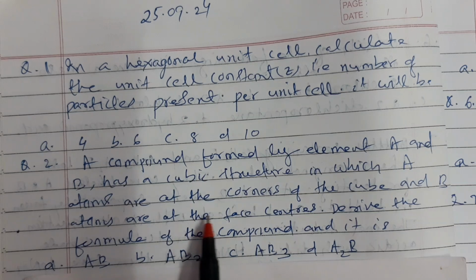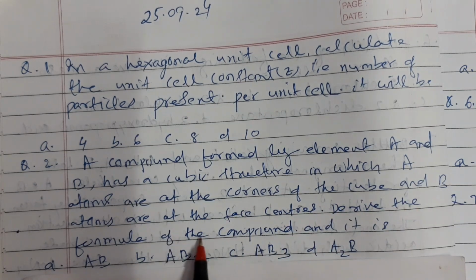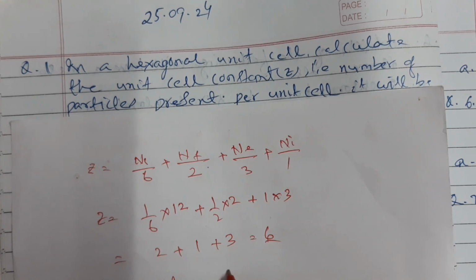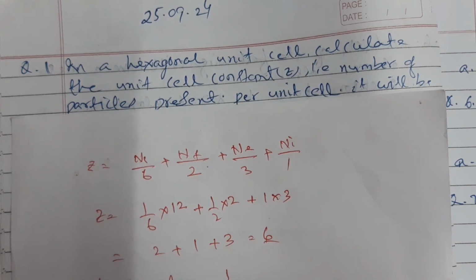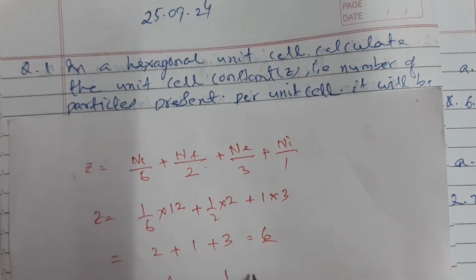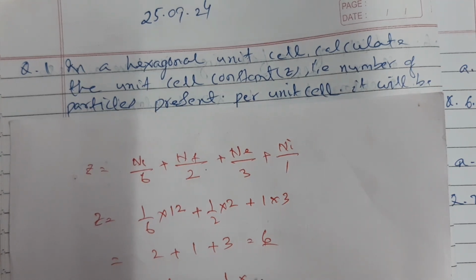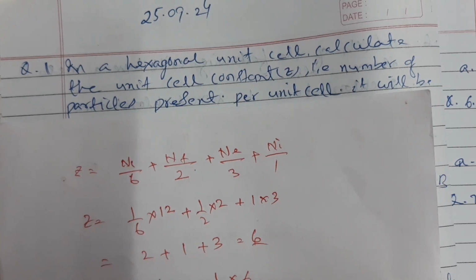And B atoms are at the face centers. A face-centered particle is shared with 2 cubes. How many faces do you have? In a cube, there are 6 faces.